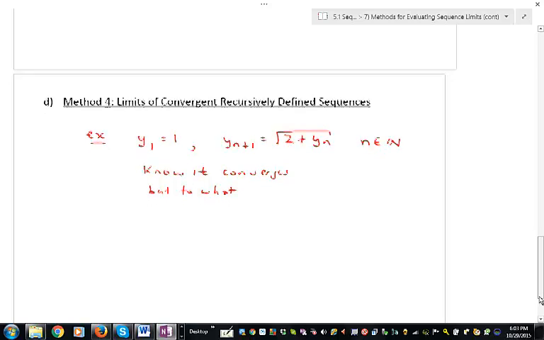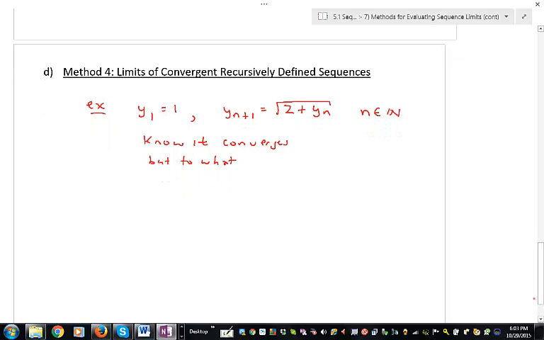And here is what we're going to be able to say. So this is our theorem here. If we have a recursive sequence like this, which we know converges, then we can take the limit of all the terms in this expression.